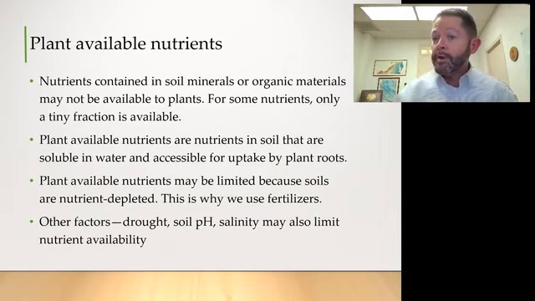Plant available nutrients are many times limited, because soils are nutrient depleted, and that's especially common for soils that have formed in humid regions. And this is why we use fertilizers, whether organic or inorganic. Other factors like drought, soil pH and salinity may also limit nutrient availability.